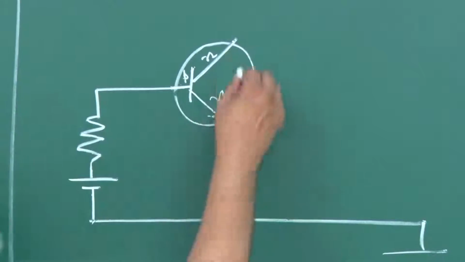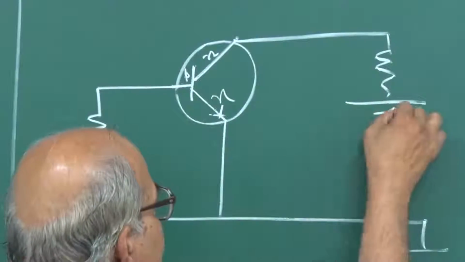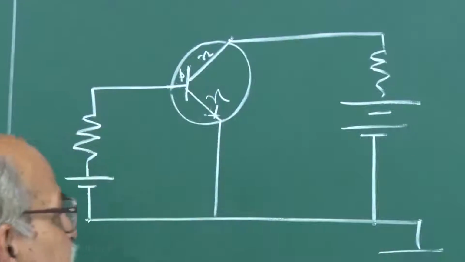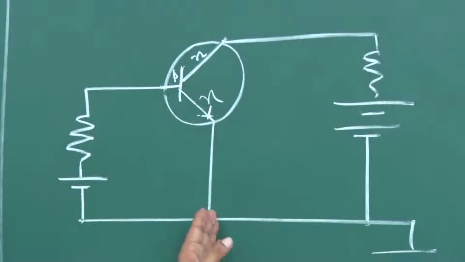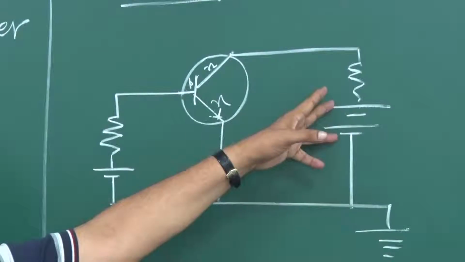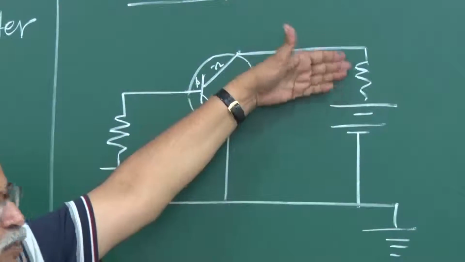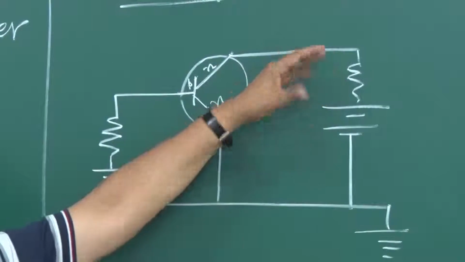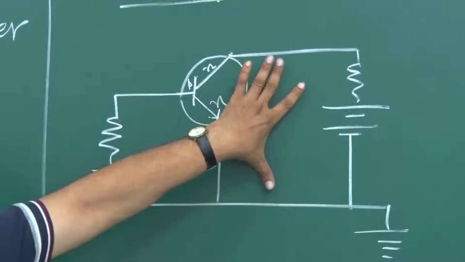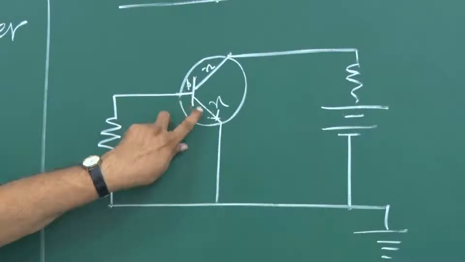Okay, so you have to add positive of the battery here, like this. And this should be large enough so that this is reverse biased, because there can be a current drop across this resistor, and that can actually reduce this voltage. But this voltage should be positive and more than the potential that is dropped here.